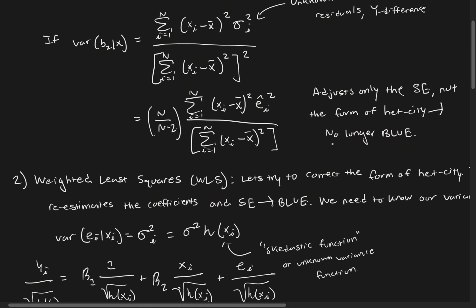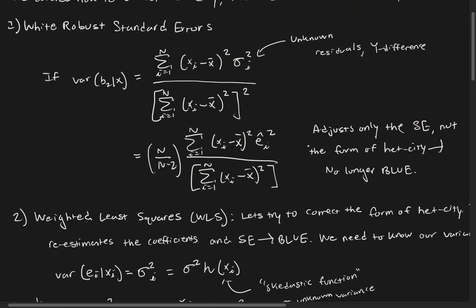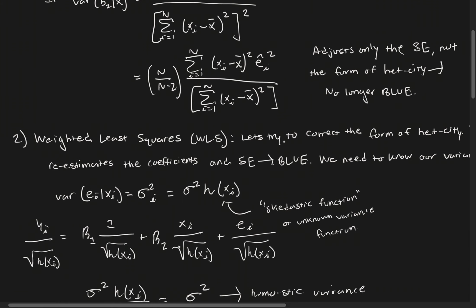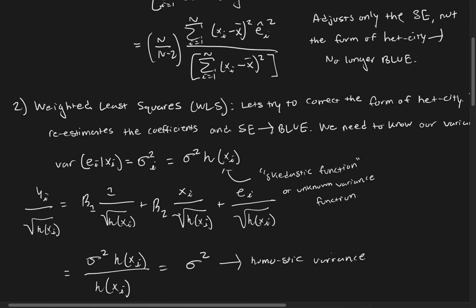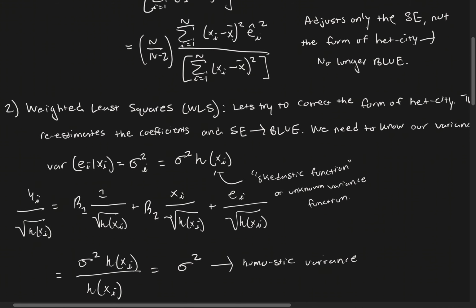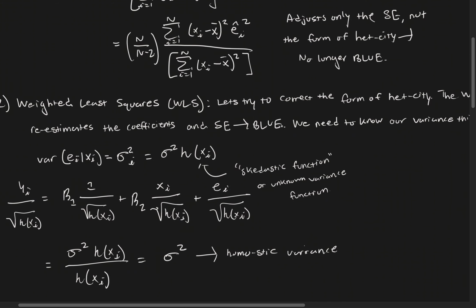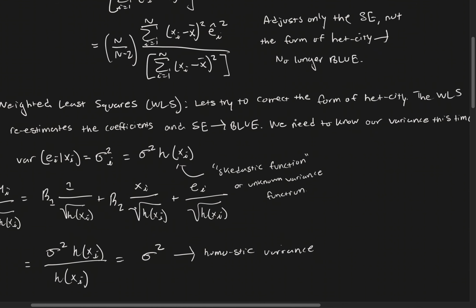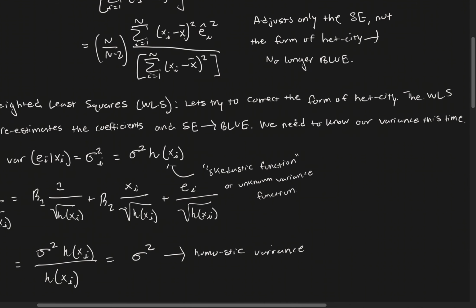That's why it's no longer BLUE, because the function must be linear for it to be our best linear unbiased estimator. That transitions to our second method, called weighted least squares. Just like the name suggests, weighted least squares not only corrects for heteroskedasticity, but also corrects for the form of it, and therefore makes it our best linear unbiased estimator.